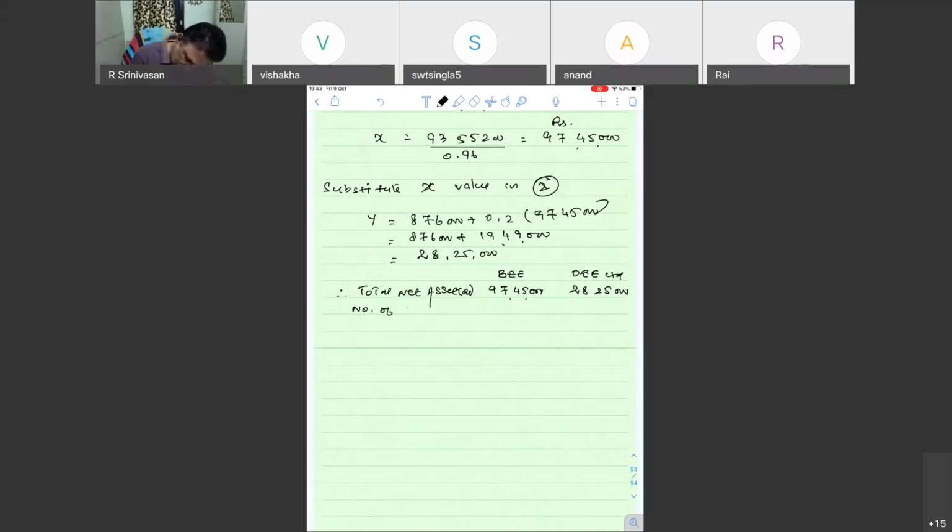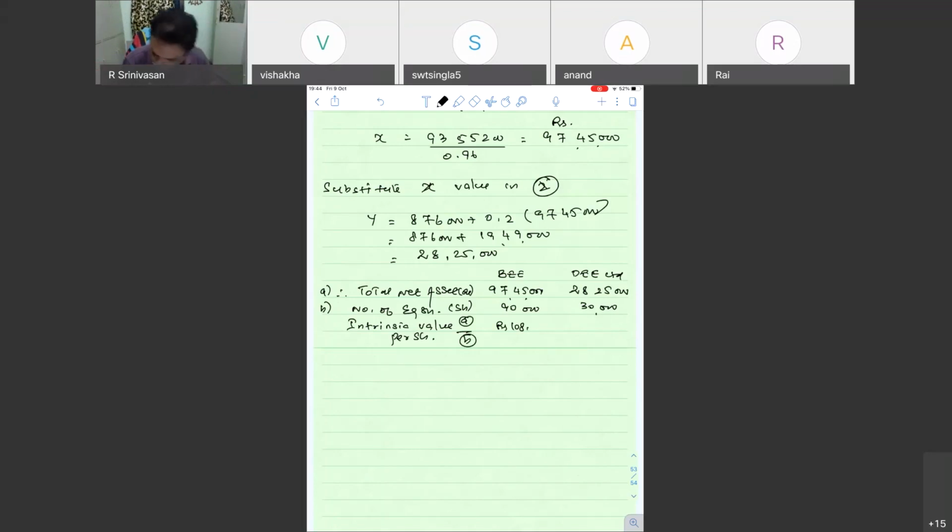Number of shares: 90,000 shares. The value per share, how much will this come? 97 lakh 45,000 divided by 90,000 is 108 rupees.